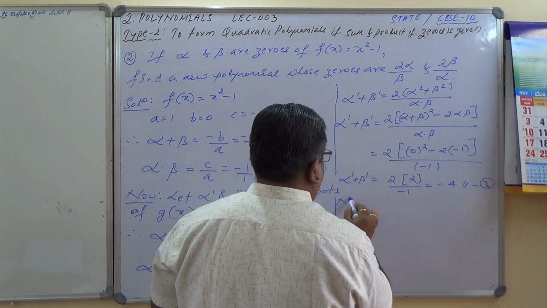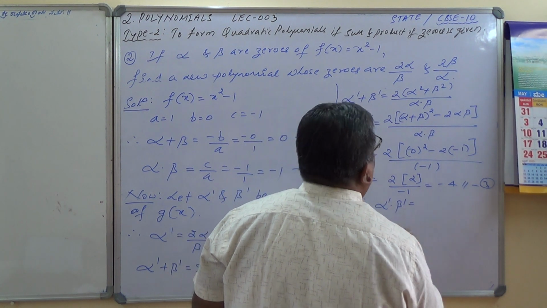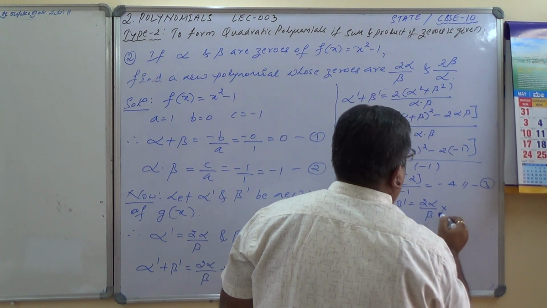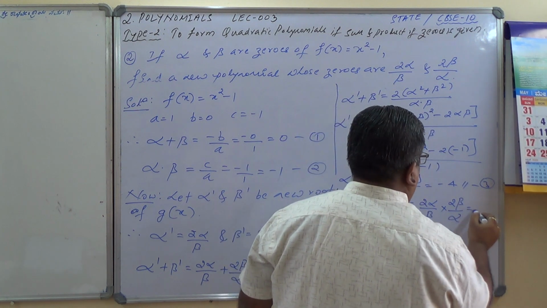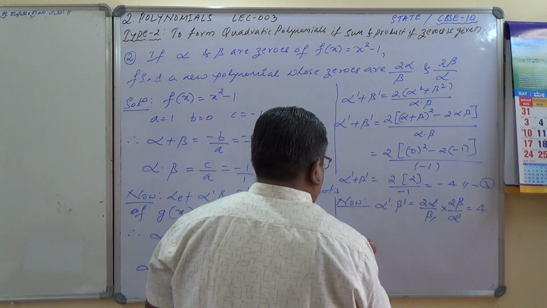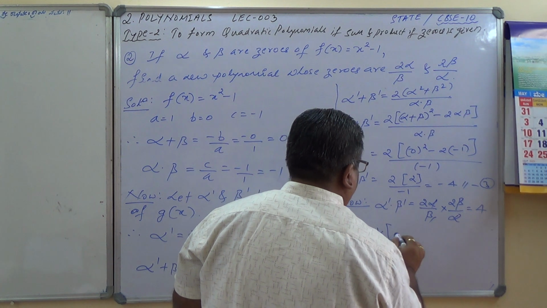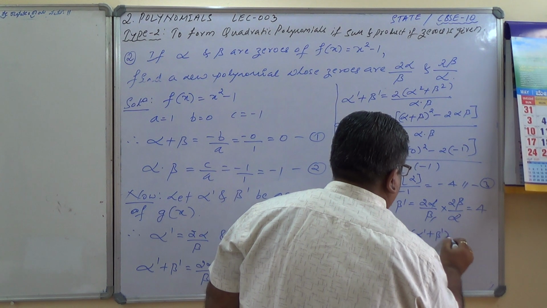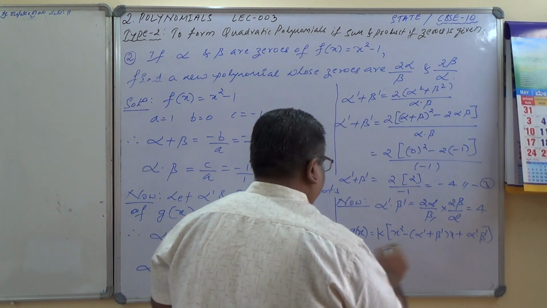And now I'll take up product of zeros. Alpha dash into beta dash equals 2 alpha by beta into 2 beta divided by alpha, which is nothing but 4 here. Alpha cancels, beta cancels, 4 here. And therefore, g of x equals k times x square minus alpha dash plus beta dash times x plus alpha dash into beta dash.